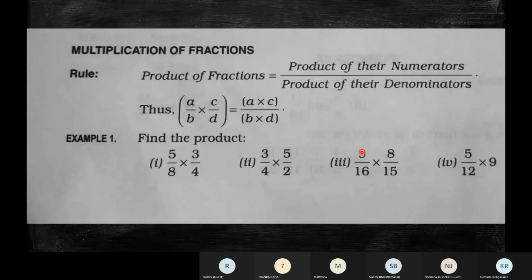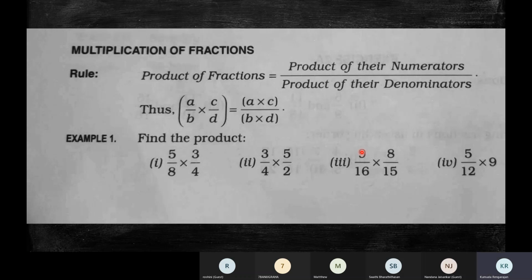All right. So now we are done with addition and subtraction of fractions. Please disable your mic. Now over to multiplication of fractions. What we understood about adding and subtracting fractions is that in order to add or subtract them, they have to be like fractions.